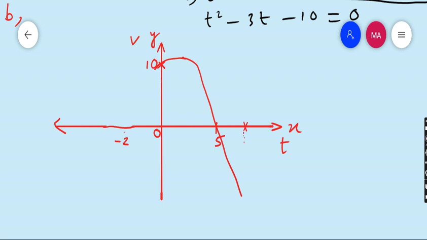So we have two intervals, 0 to 5 and 5 to 7. You know how to find the distance with the help of a velocity time graph. We just need to find the area. And how to find the area under the curve? We just integrate.